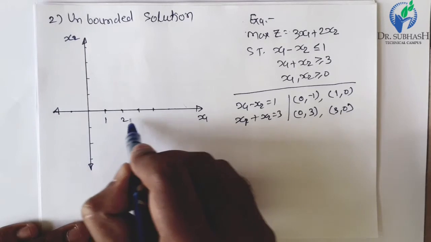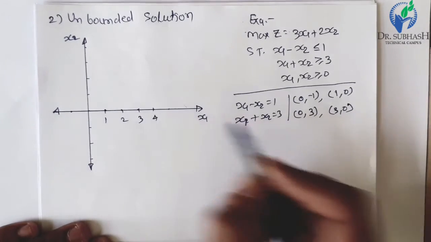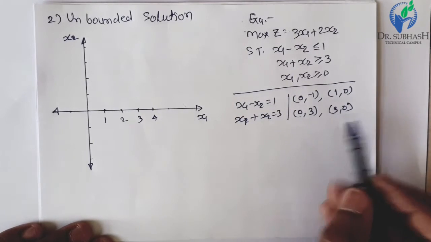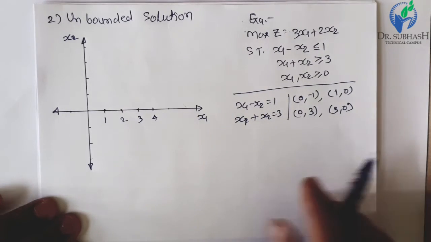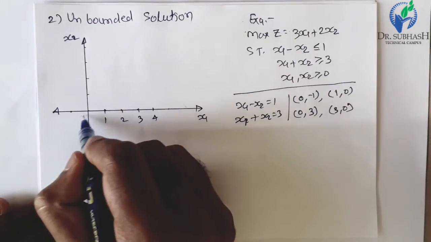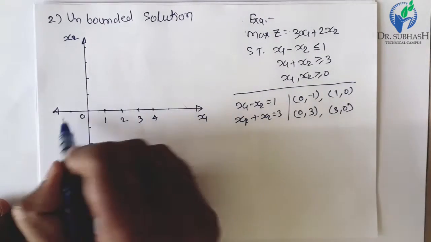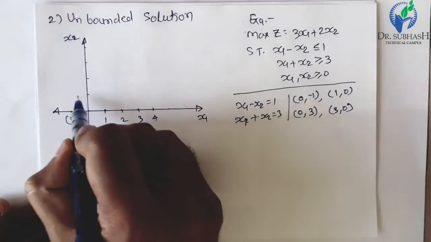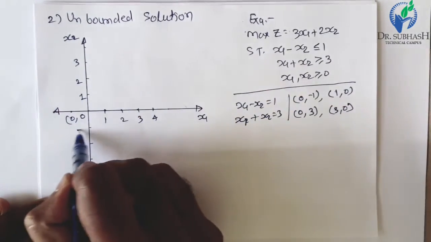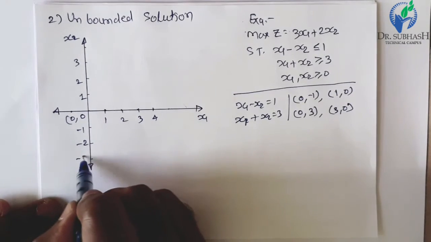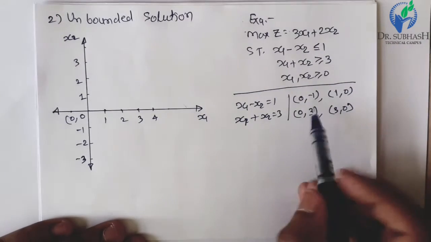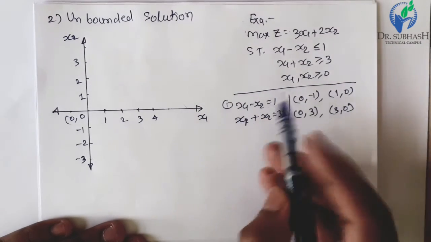So here it is 1, 2 and 3, 4, etc. And for x2 it is minus 1, 3, 0 and 0. So the negative value is also present for x2, so we have to consider negative values also. Here it is the origin, 0, 0. For x1 it is 1 here, 2, here 3, and the negative values are minus 1, minus 2 and minus 3 here.